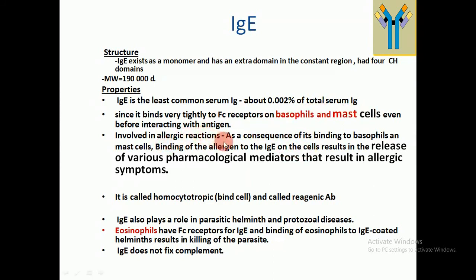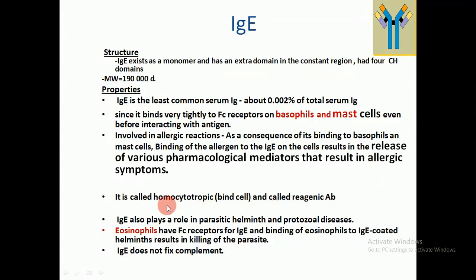It is involved in allergic reactions as a consequence of its binding to basophils and mast cells. Binding of the allergen to the IgE on the cells results in the release of various pharmacological mediators that result in allergic symptoms.